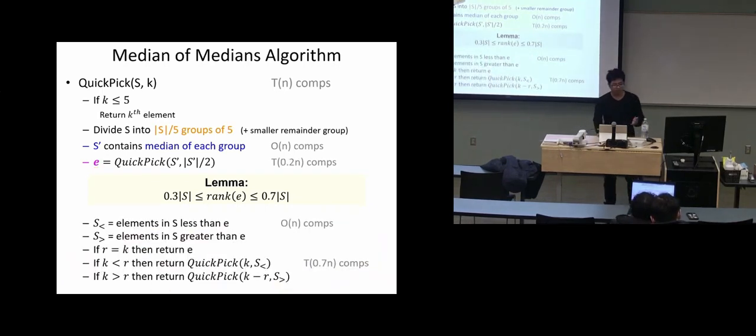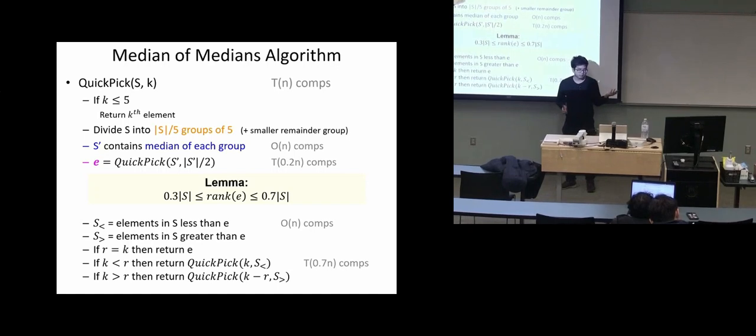So once you get an element E that is close enough to the middle, what you need to do is the same as before. We just do the same trick, the same algorithm as in quick select. Actually, the whole point of using randomization in quick select is, morally, just to try to get an element near the middle.